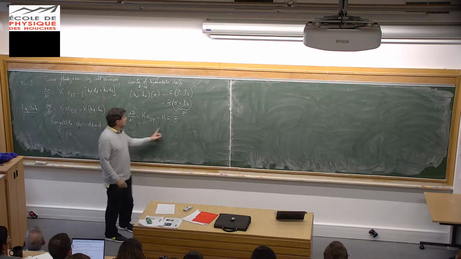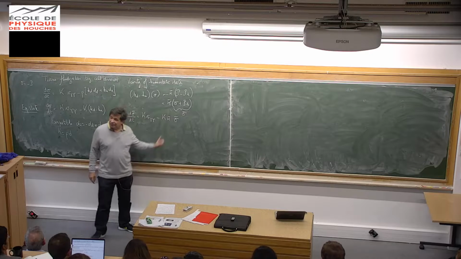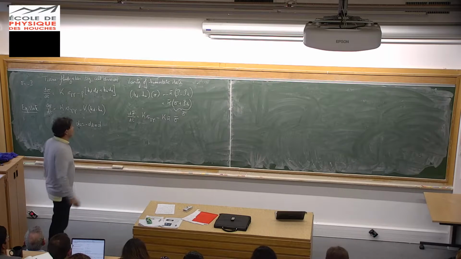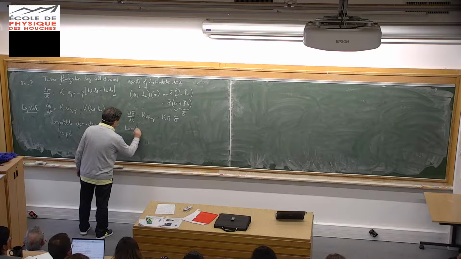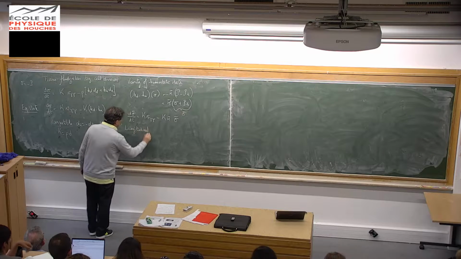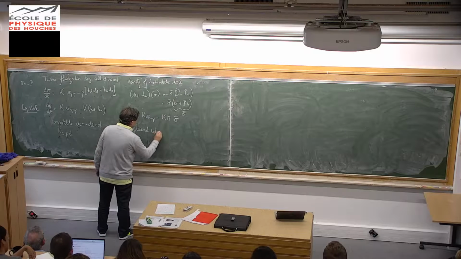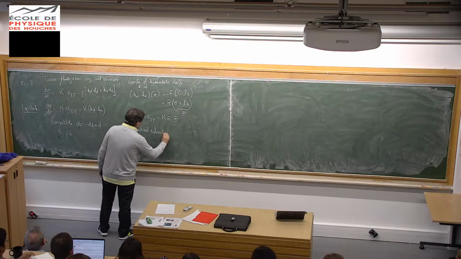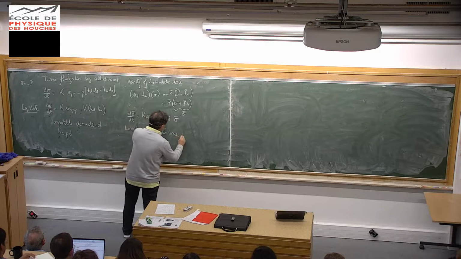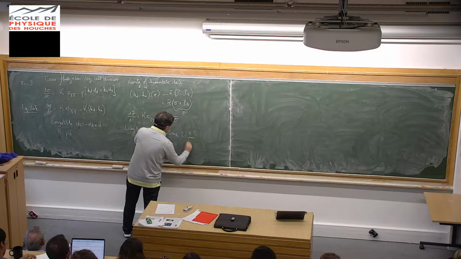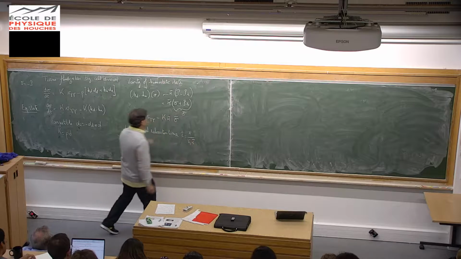So if you just look at this equation, this is 1 over a time. That will be the relaxation time. So the longitudinal relaxation time is tau equals 1 over K times kappa bar.